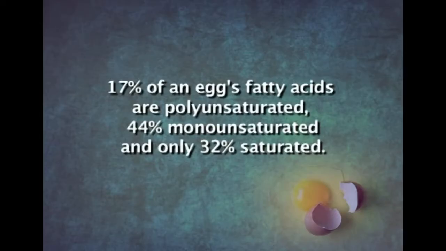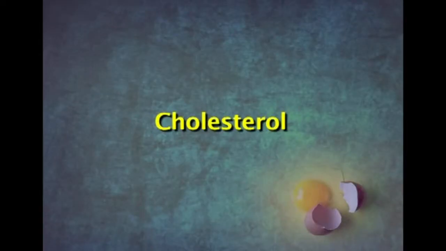Approximately 17% of an egg's fatty acids are polyunsaturated, 44% are monounsaturated and only 32% are saturated. But one reason why egg yolk is not supposed to be consumed is because it is a very rich source of cholesterol.